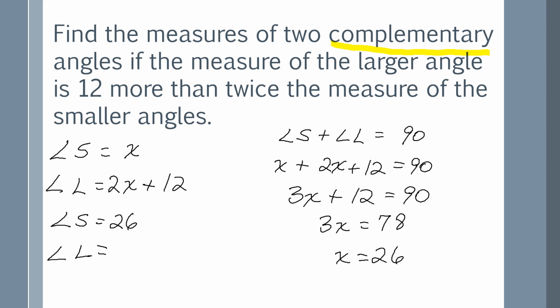Plus 12 is 64. Let's check our work. Is 26 plus 64 equal to 90? And yes, it is. So this checks out. So the measure of our angles is our 26 and 64.